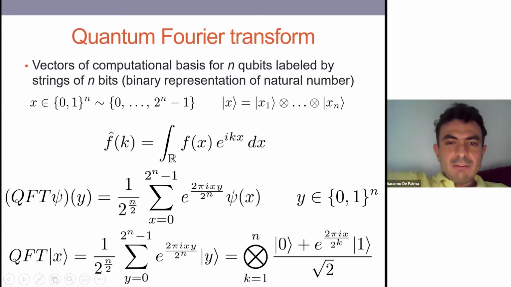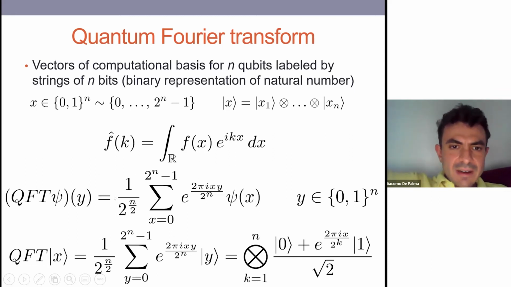So we have a wave function defined on natural numbers, and we can define a Fourier transform of this wave function more or less in the same way. We replace the integral by a sum, and then everything stays the same.